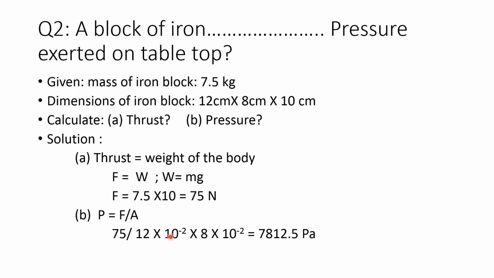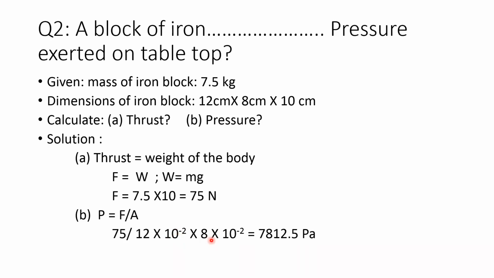The iron block is kept on the table on its base, so the dimension of the base is 12 centimeter into 8 centimeter. To convert that, first we convert 12 centimeter into meter, that is multiply with 10 raised to power minus 2.